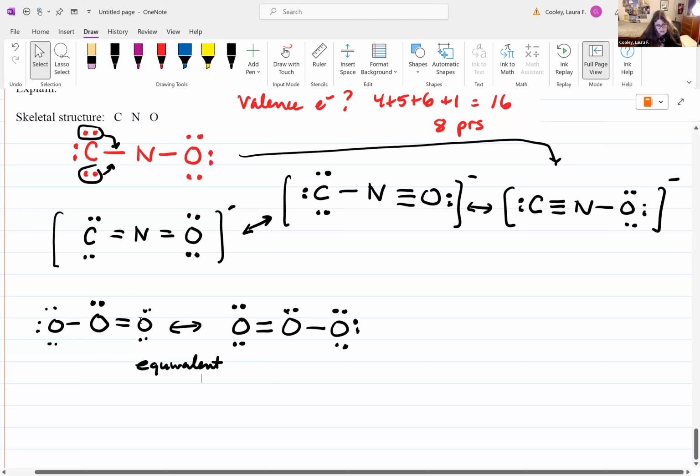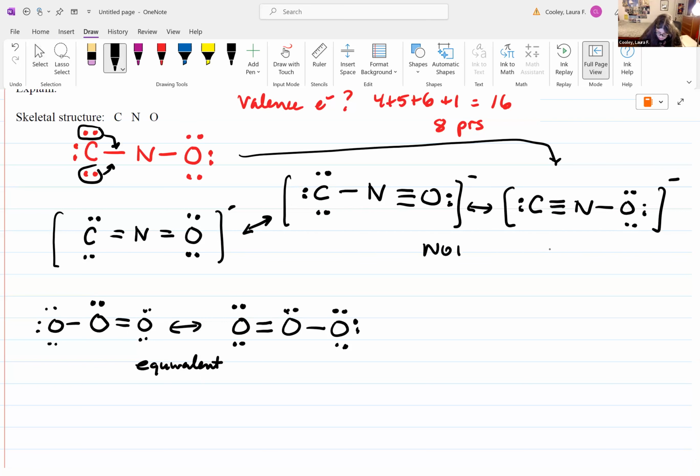This structure is exactly the same as this one, it's just sort of flipped the other way. But that's not the case with these three, right? Here you have two double bonds. Here you have a single onto the carbon and a triple to the oxygen. Here you have a triple to the carbon and a single to the oxygen. So these are not equivalent.